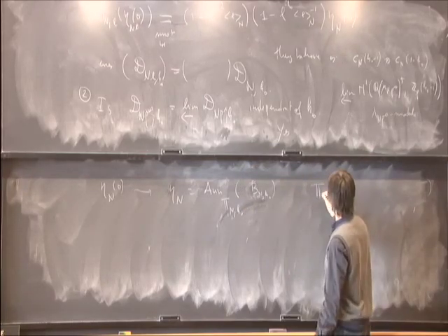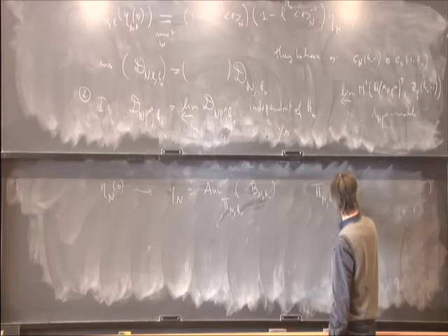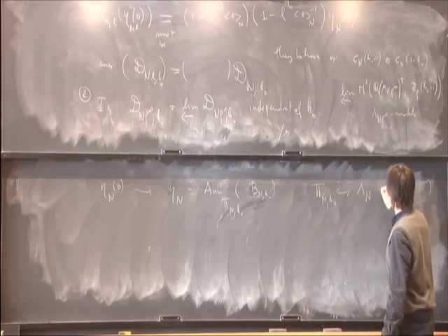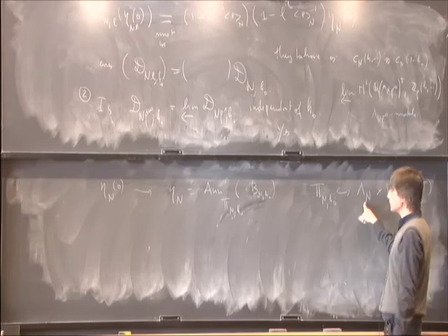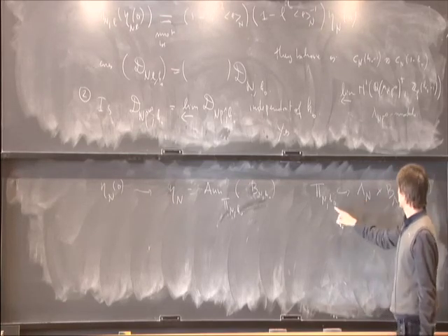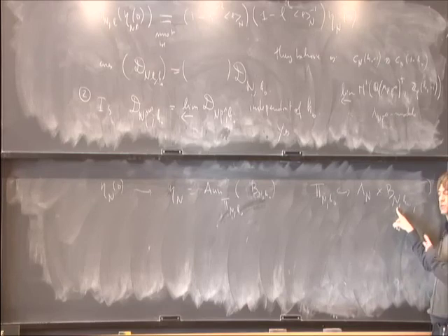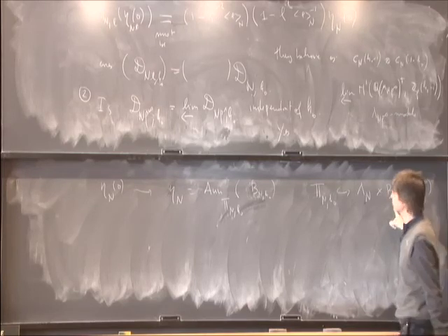You can embed T_n(k_0) in Λ_n × B_n(k_0). The map on this factor is the Eisenstein map, and the map on the other factor is all the other components.